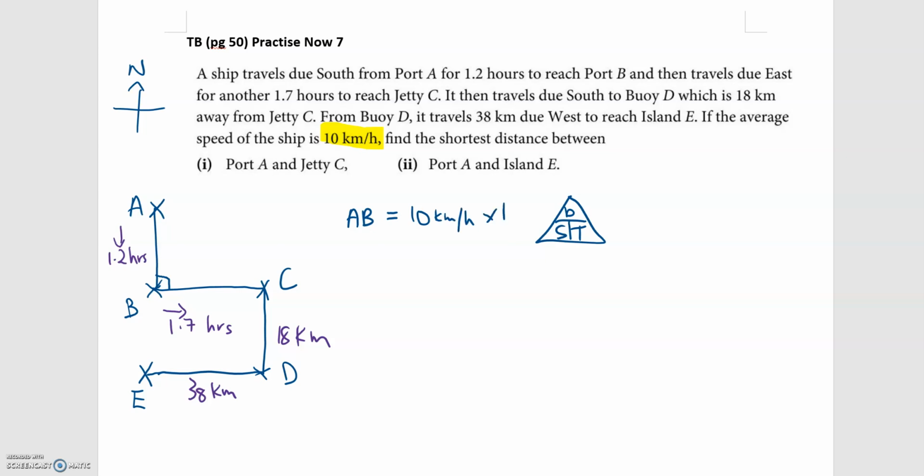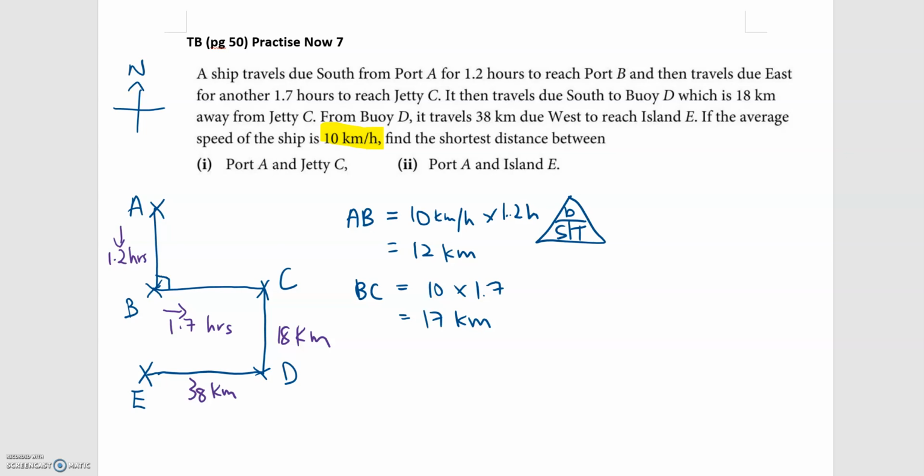The time is 1.2 hours. That will give me 12 kilometers. Then the distance between B and C, I will do the same thing, 10 times 1.7, which will give me 17 kilometers.